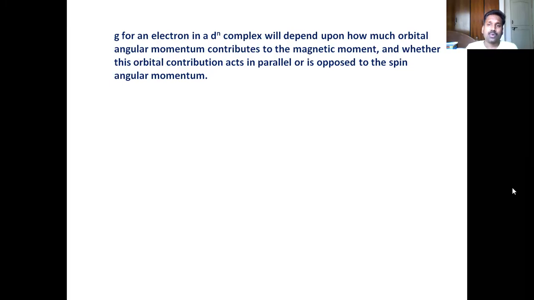When there is more contribution from the orbital angular momentum, the g value changes, meaning it deviates from the free electron g value. When there is no contribution at all, it remains at the free electron g value. And of course, there is also the orientation of this orbital contribution, which is important, which we are going to discuss later. But now at least we will see one example where the orbital angular momentum contribution is having a say on the g value.